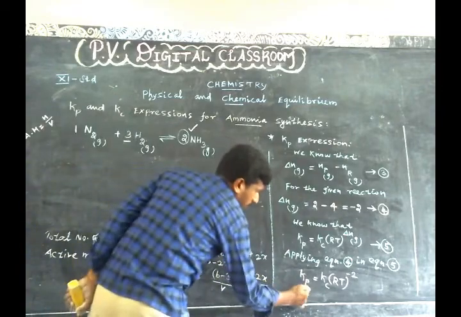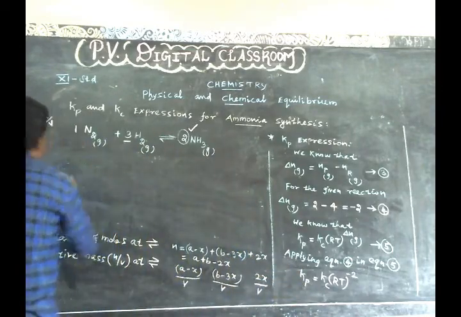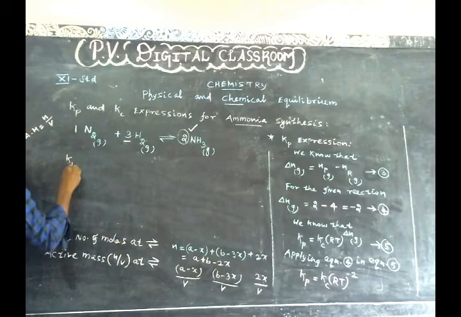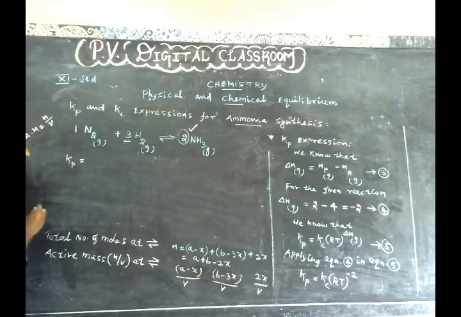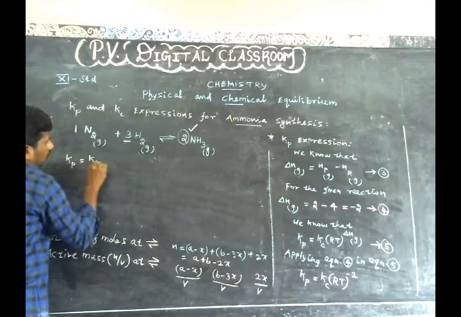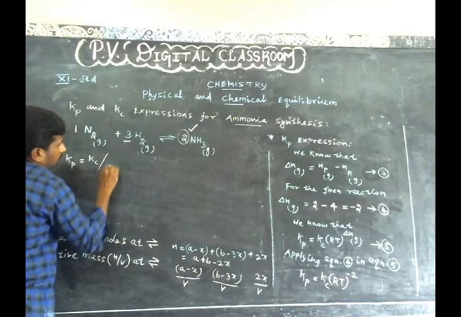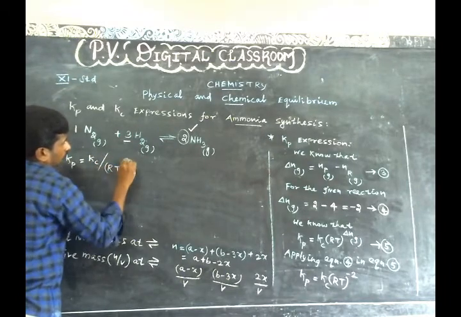On simplification, it gives Kp is equal to Kc divided by RT whole square.